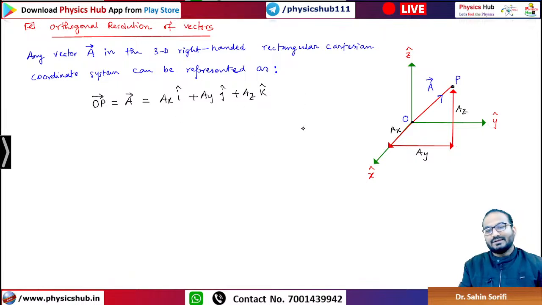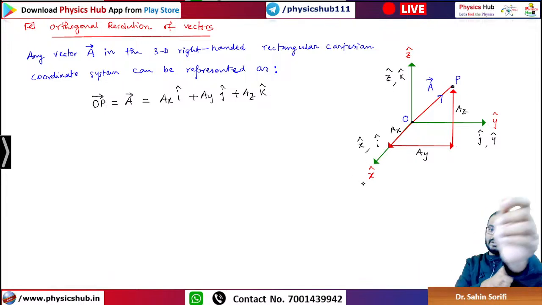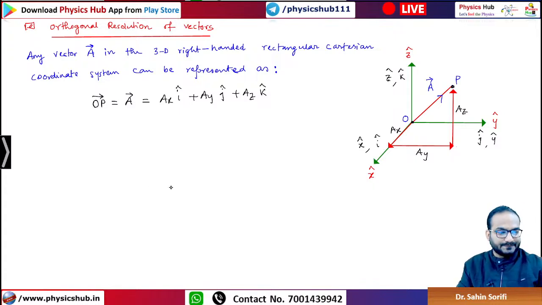Here i, j, k are the unit vectors along the x-axis, y-axis, and z-axis. These vectors are also sometimes expressed as x cap, y cap, and z cap. These are the same thing. Either you write x cap or i cap, y cap or j cap, z cap or k cap.